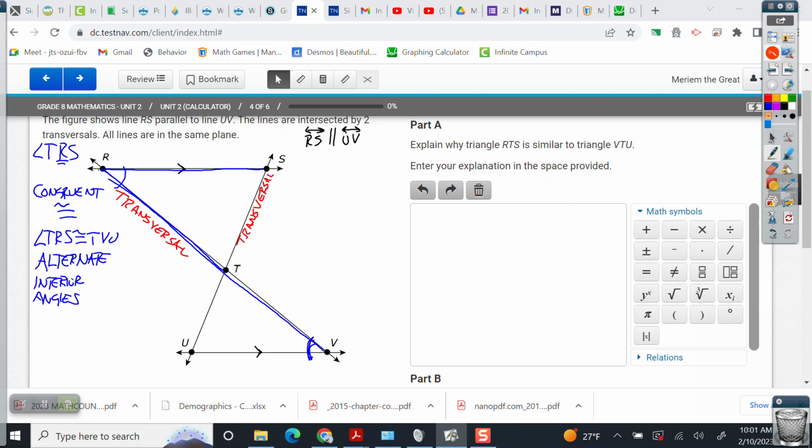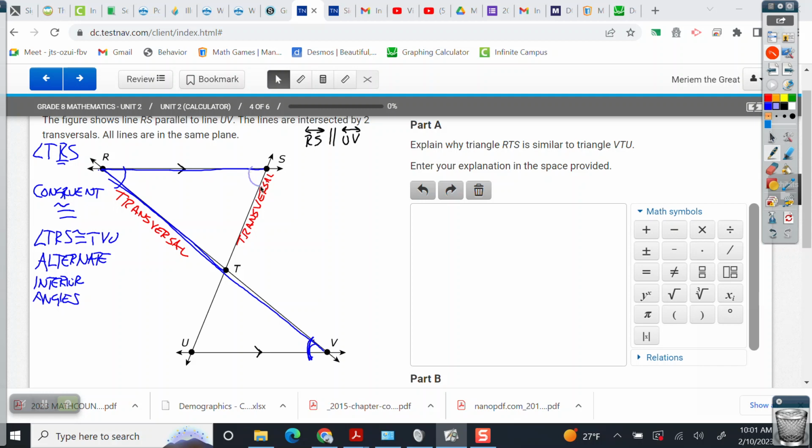So alternate interior angles are angles that are on the opposite side of the transversal and inside the parallel lines. Alternate interior angles are congruent. Is there another pair of alternate interior angles here? Sorry. Which other two angles are alternate interior? Mason?